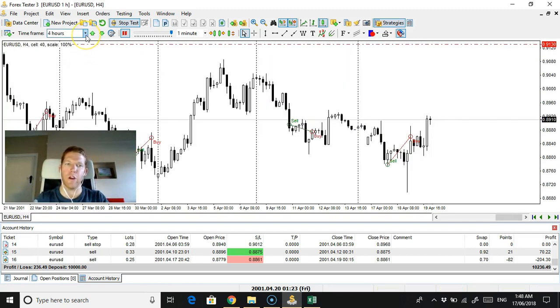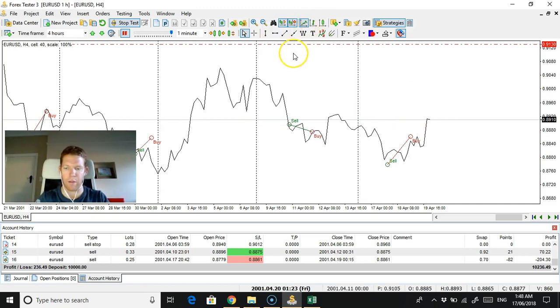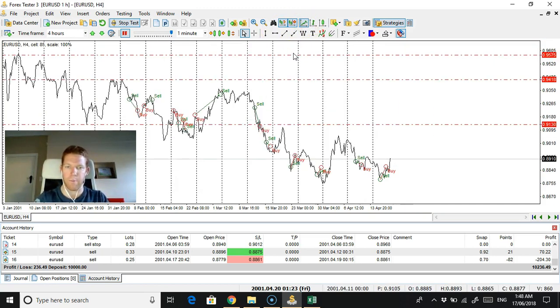Now, how I determine the support and resistance is I'll go to the 4 hour. When I'm trading the 4 hour, I'll actually use the weekly. But let's see what it looks like from a 4 hour perspective, and then we'll zoom out.